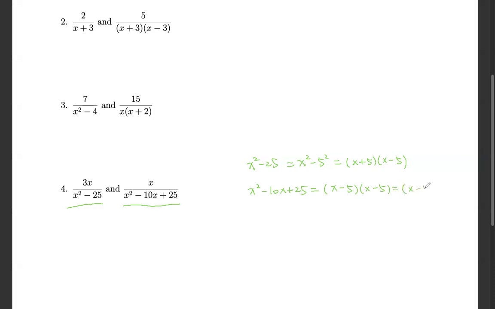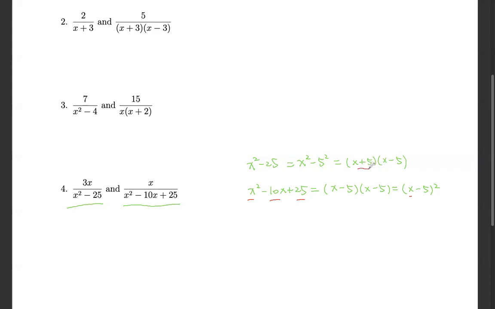We write it in the shorthand notation, x minus 5 squared. Remember, a perfect square is the first one squared. First one is x squared. And second one squared, negative 5 squared, 25. Then 2 times the first one times the second one. 2 times x, then multiply by negative 5. Indeed, that's negative 10x.